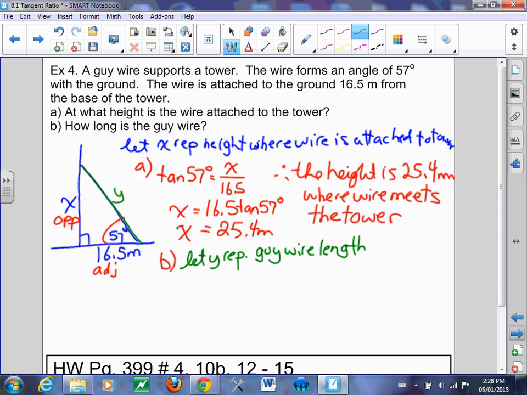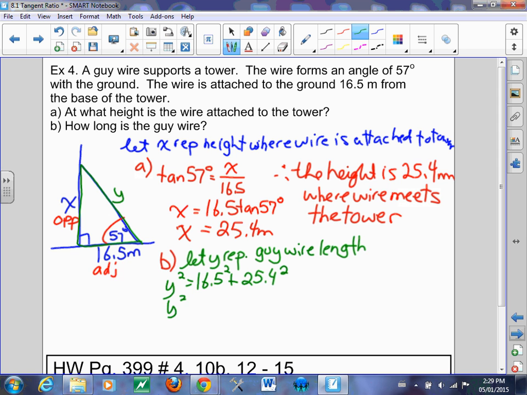I use a different letter, folks, just because it's going to be easier. Until we learn the other trig ratios, ladies and gentlemen, we're going to use what we should have remembered from grade 9: if you've got two sides of the triangle, you can find the third. That's going to be your hypotenuse. So y squared equals 6.5 squared, which is the base side, plus the height side, which I found, 25.4 squared.